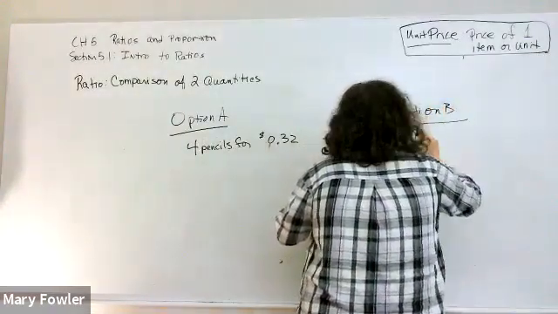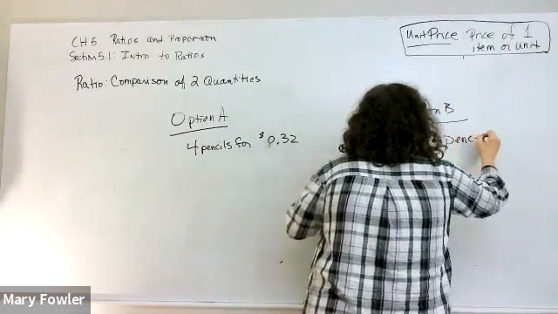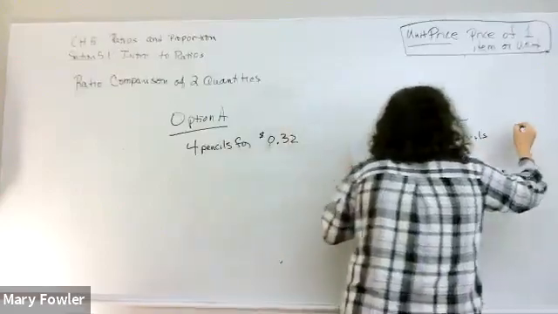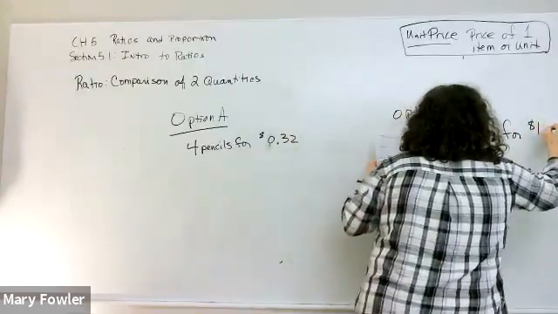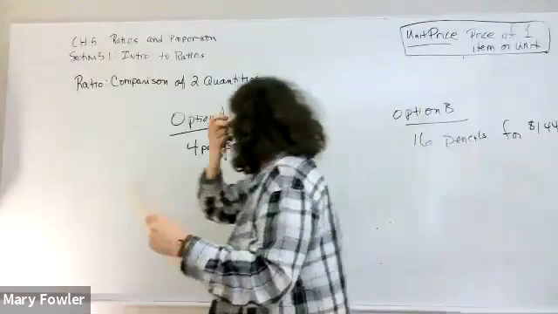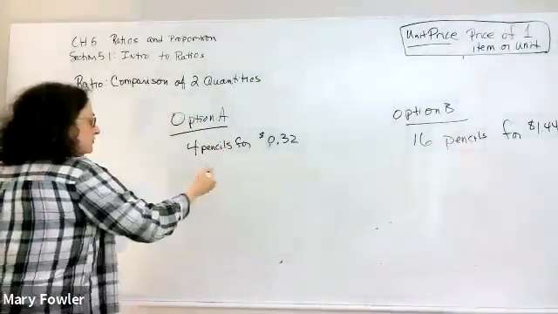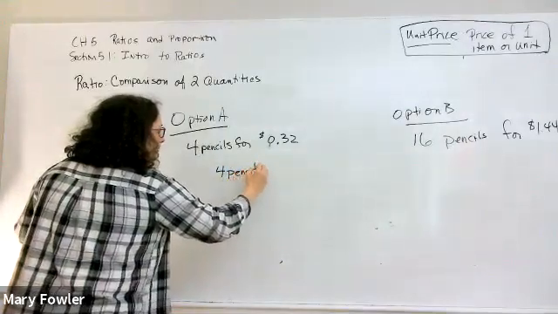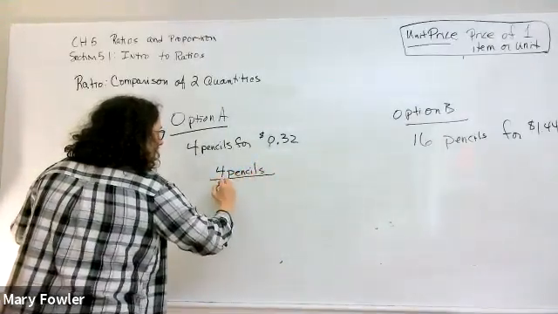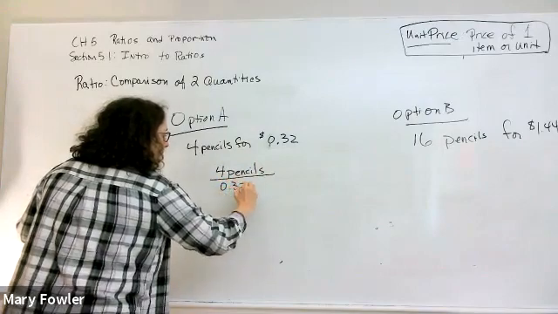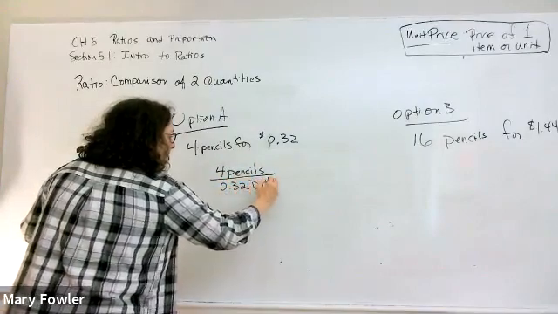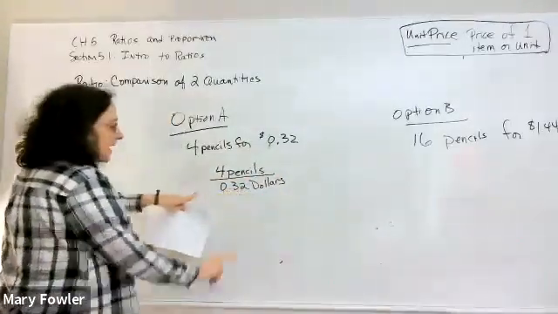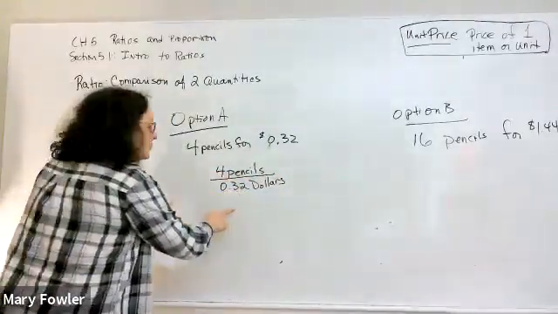Option B gives me 16 pencils for $1.44. Okay, so let's write these out as rates and then find unit price. Four pencils for $0.32, and let's get the unit price here.